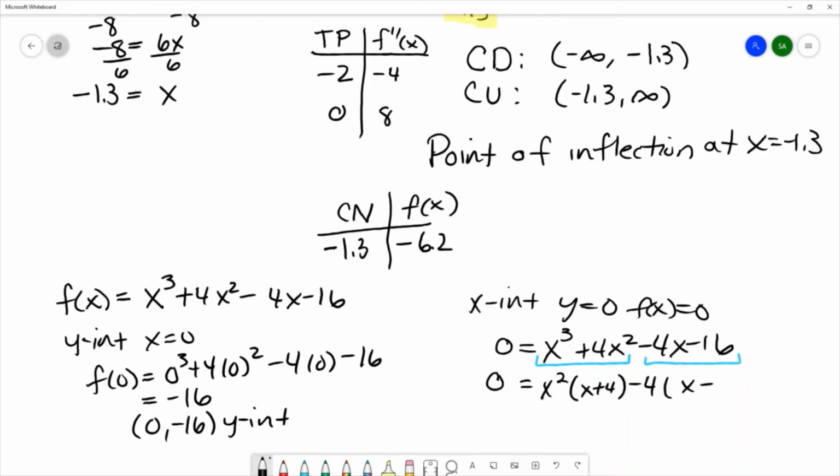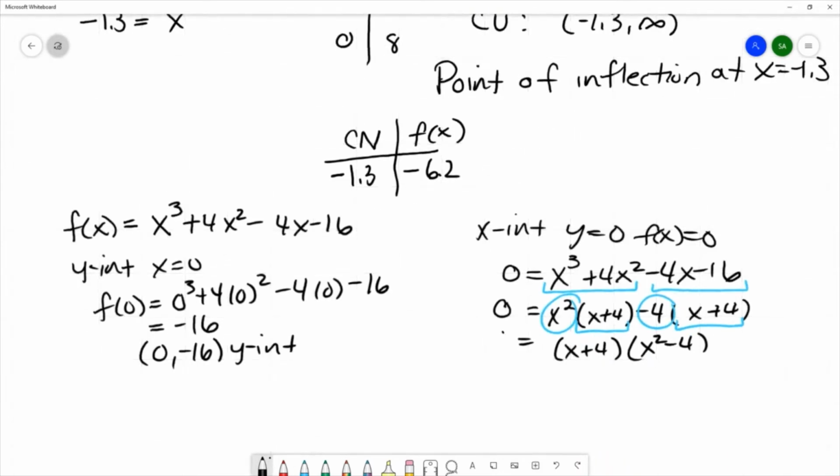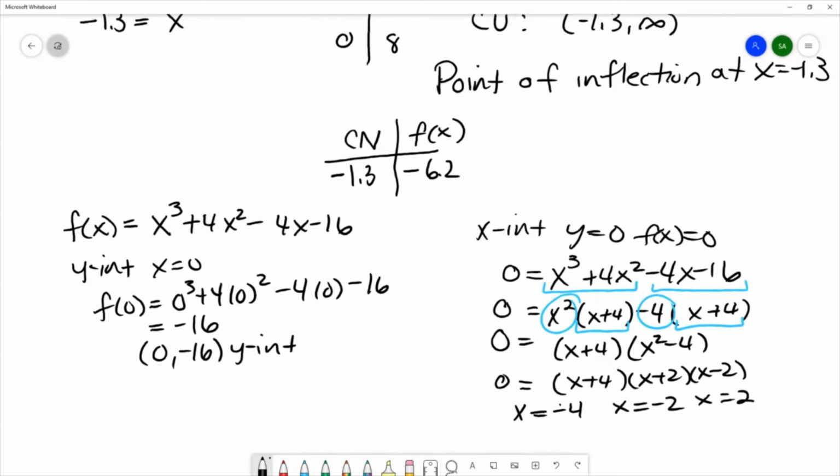That leaves me with x plus 4. I have a common factor of x plus 4 that I can factor out. And I'll be left with these coefficients of x squared minus 4. And x squared minus 4 can be factored more into x plus 2, x minus 2. So that's going to give me x-intercepts of -4, -2, and +2.